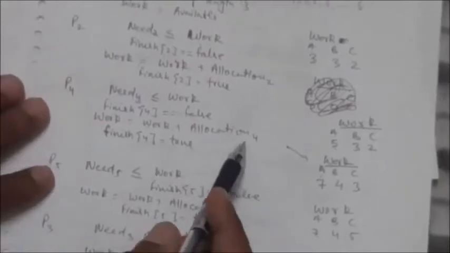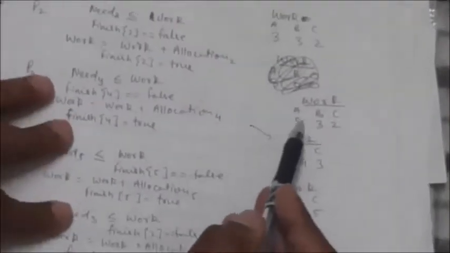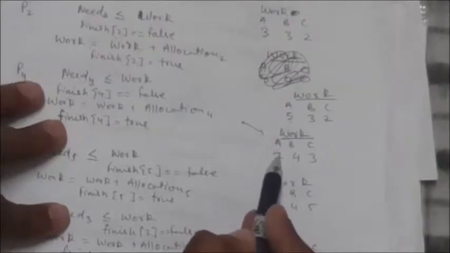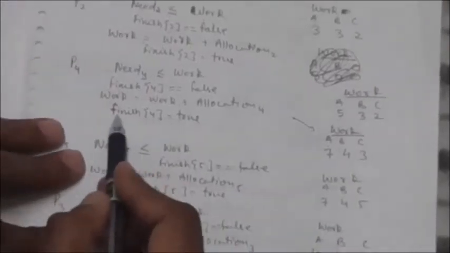When we add the fourth row of the allocation matrix, that is 2 1 1, to the work vector, the new value of the work vector will be 7 4 3, and after that we set finish 4 equal to true.